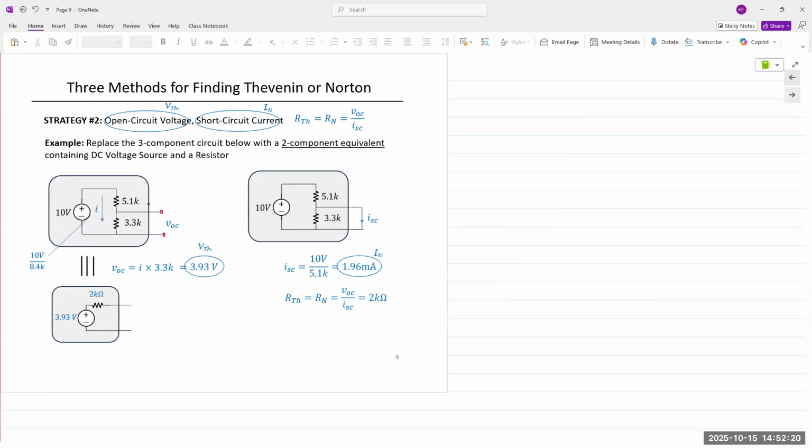And these are the terminals of analysis. If you wish to find the open circuit voltage, we simply keep the output terminals open, analyze the circuit, and then determine the voltage between those pair of terminals.